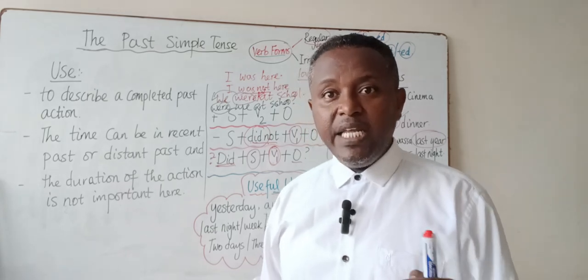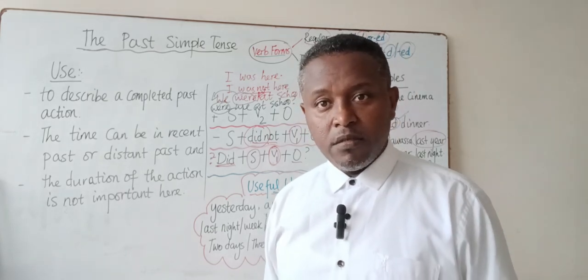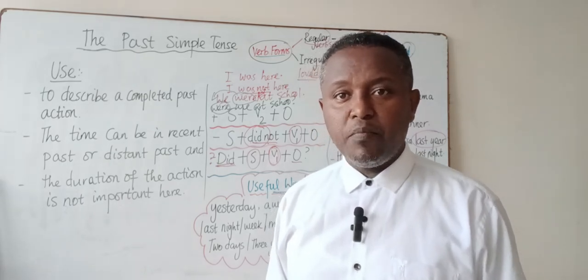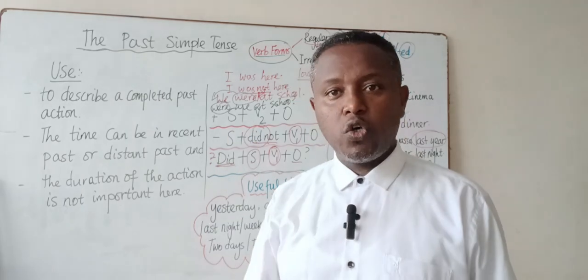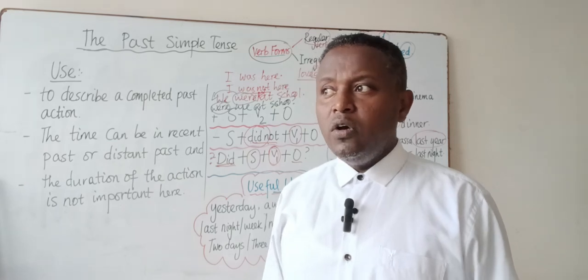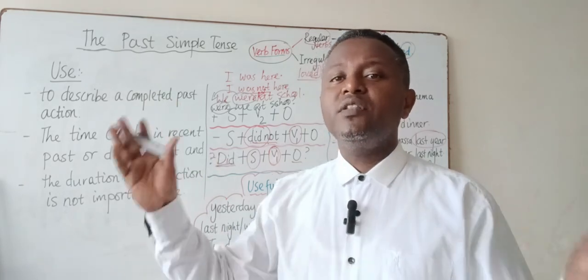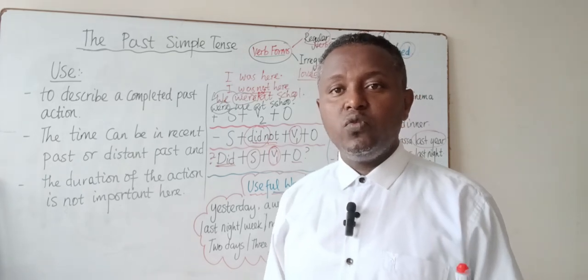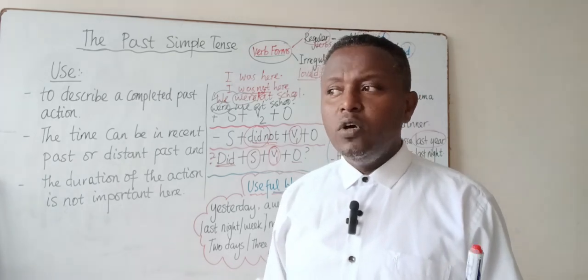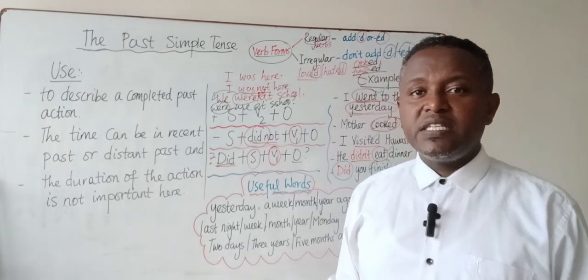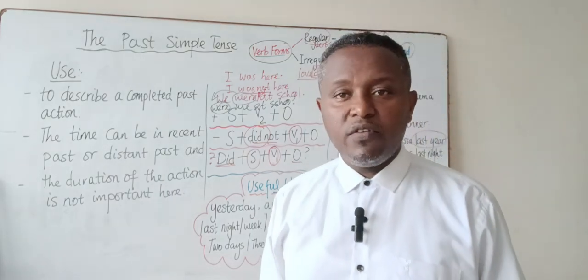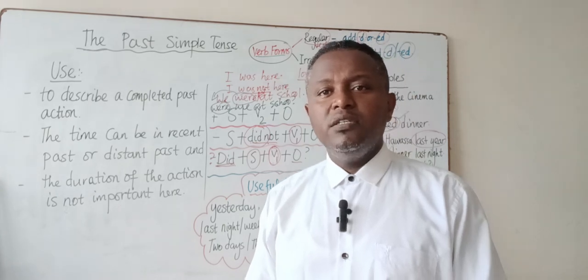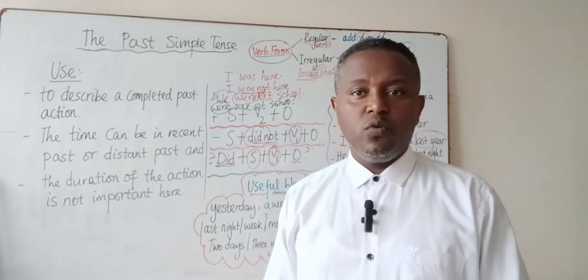Leave, left. Bring, brought. Teach, taught. Think, thought, etc. By nature, they take different forms to change into past structure. This is the reason why we call them irregular verbs. Unlike regular ones, they don't add d or ed to change into past.